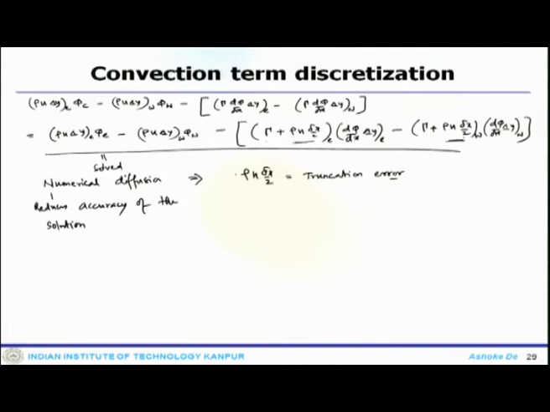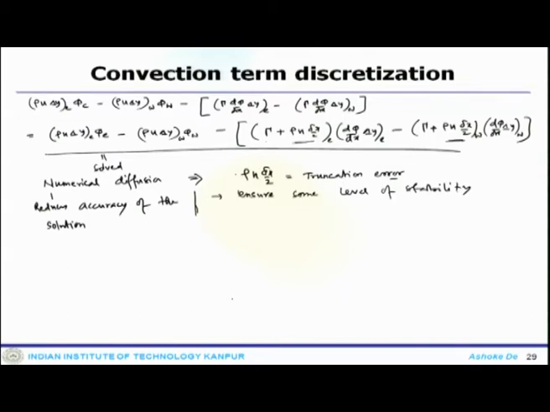It has a negative impact because the accuracy degrades, but at the same time it also ensures some level of stability.